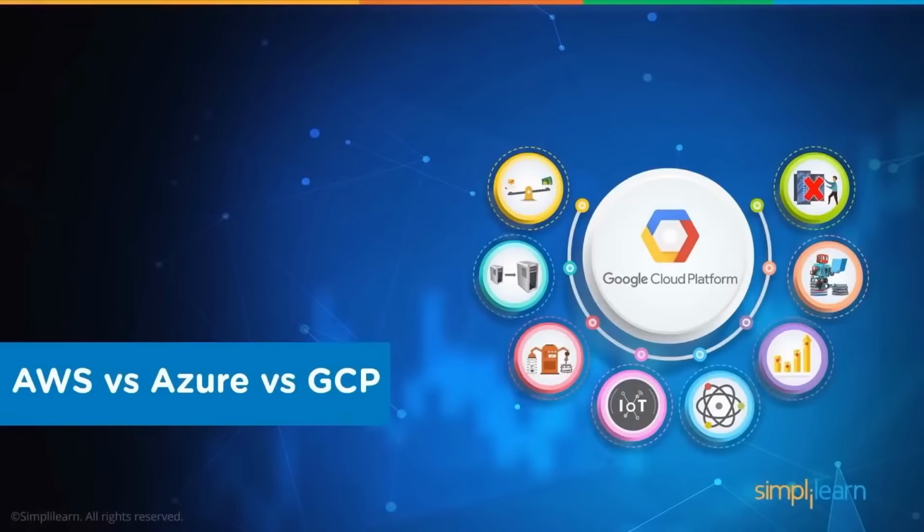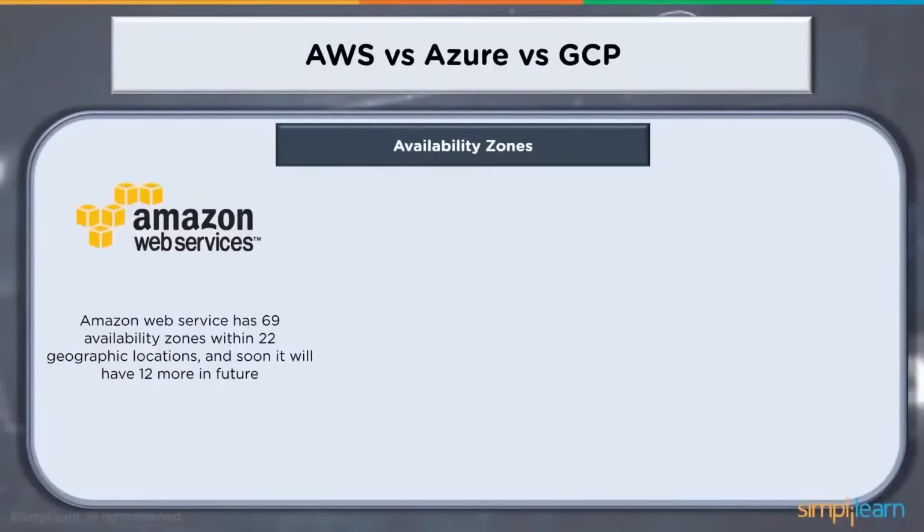If I compare the different cloud providers, when we talk about Amazon and its cloud offerings, that is Amazon Web Services or AWS as we well know it, Amazon Web Services has 69 availability zones within 22 geographical locations, and soon it will have 12 more in future.